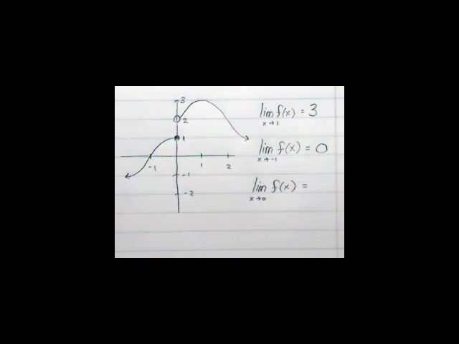Like for 1, it doesn't matter which way I approach it, both of them are coming up to 3. For -1, both of them are coming together at 0. But this one, as I approach 0 from either side, I'm going to 2 different places. And that limit can't exist if it's coming from 2 different places. So we would just write DNE, does not exist for that one.